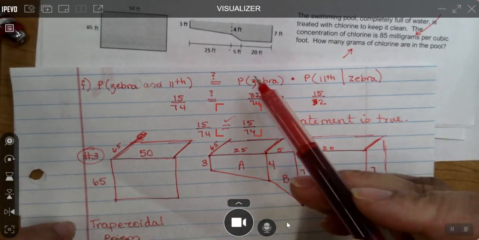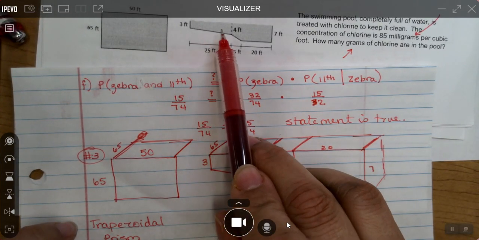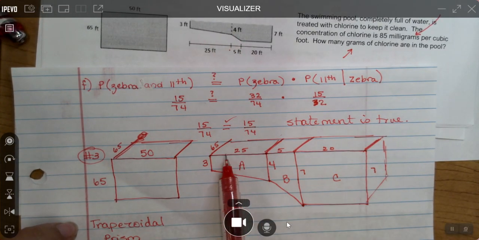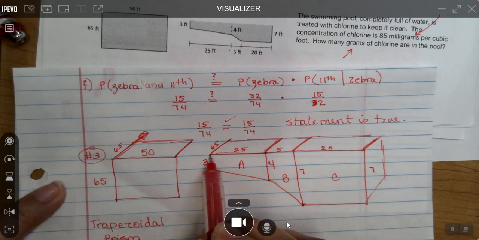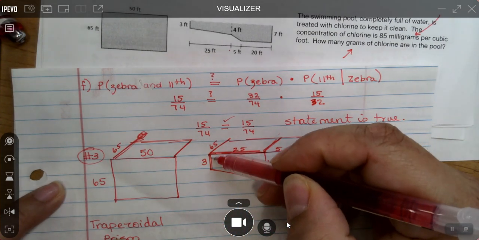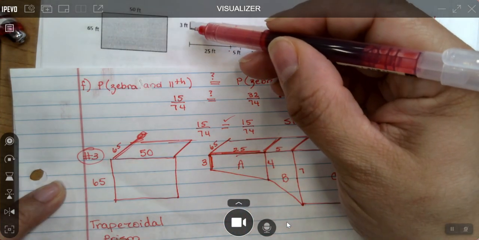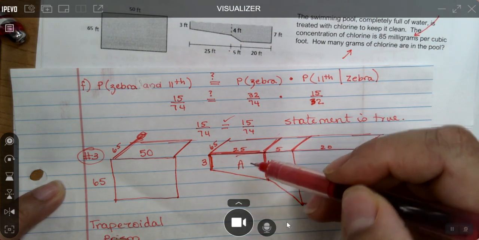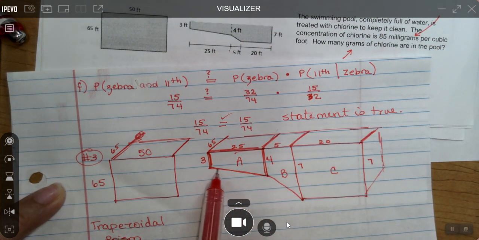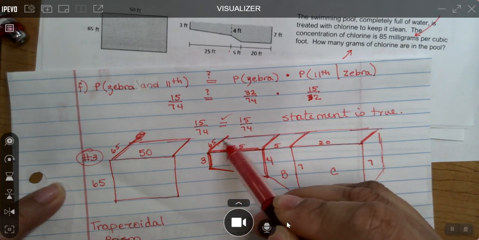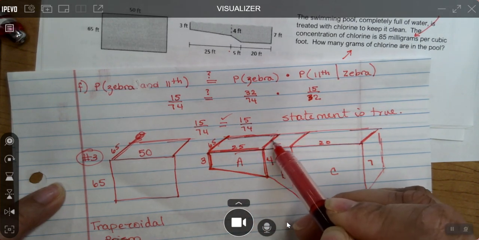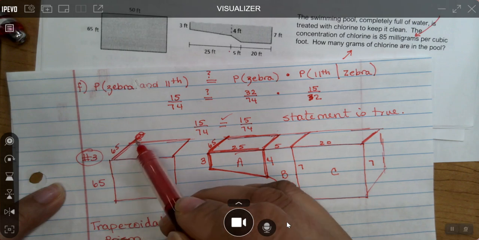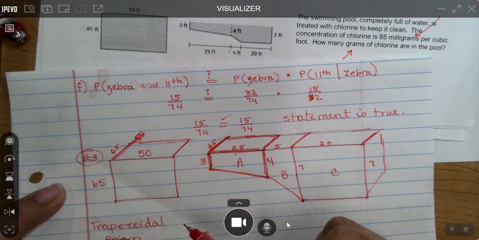So from here to here is 25. This drop right here is 3, and this drop right here is 4, making this a trapezoid. And then it's a prism because it's the same over here. And 65 is how much it extends, okay?